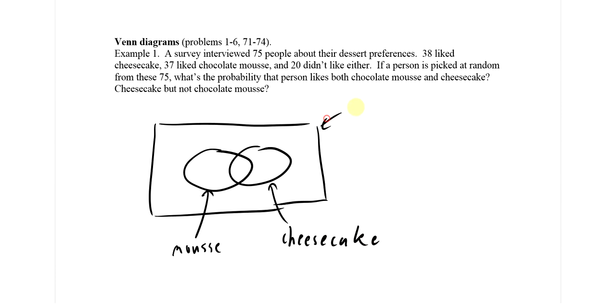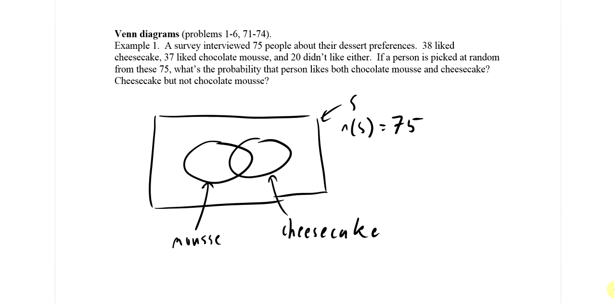And this is our sample space S. 75 people total that we talked to. And we know that 38 like cheesecake, so there's 38 in this circle, 37 like chocolate mousse, that's 37 in that circle, and 20 didn't like either. Well, not liking either means you're not in this circle, you're not in that circle, so that means you must be outside.